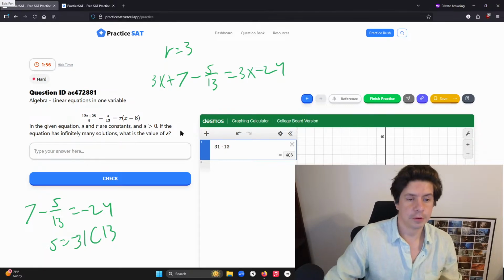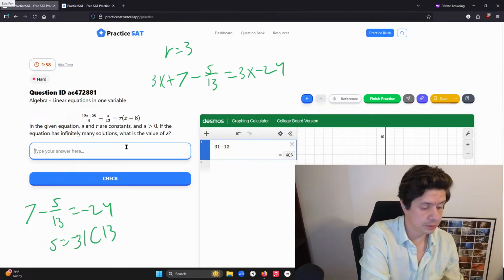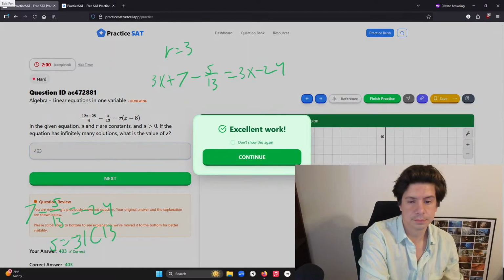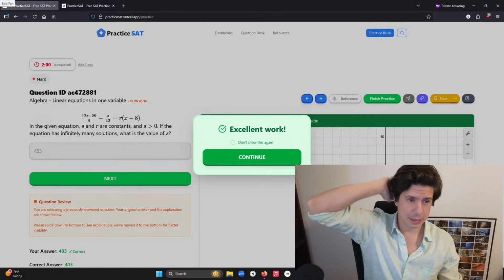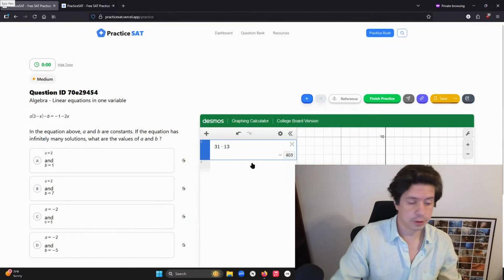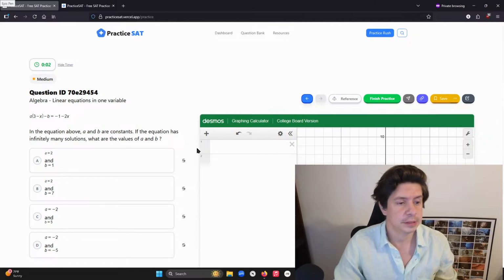So it should be 403. Let's see if I got that one right. Okay, perfect. That's a tricky one. Normally they just have you do the slope part, but this one they had us find the other part.